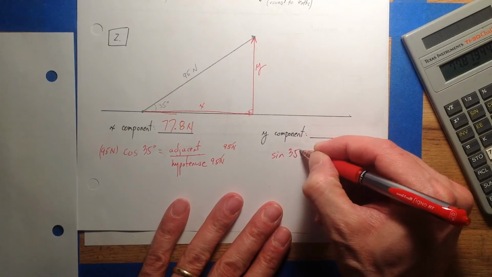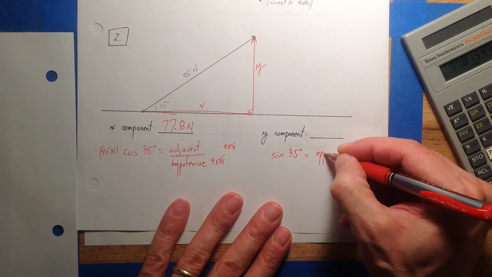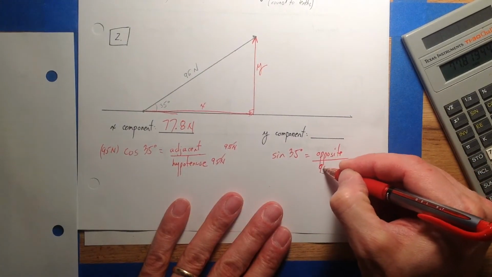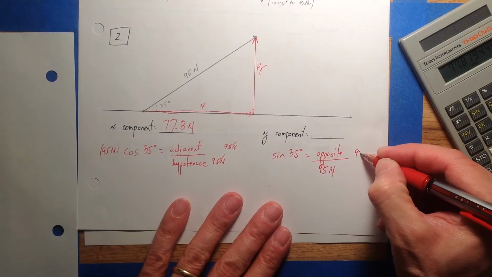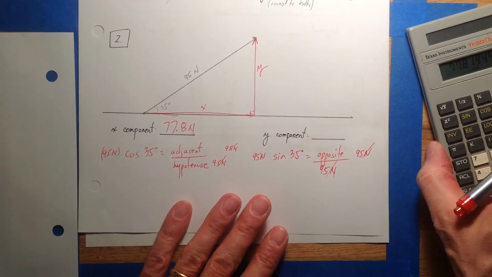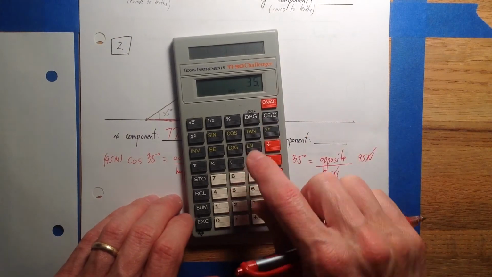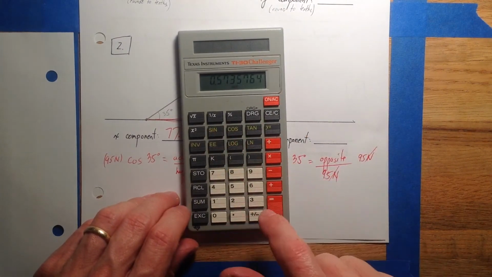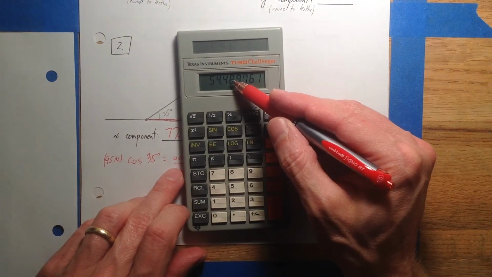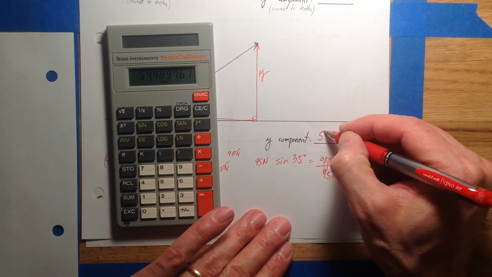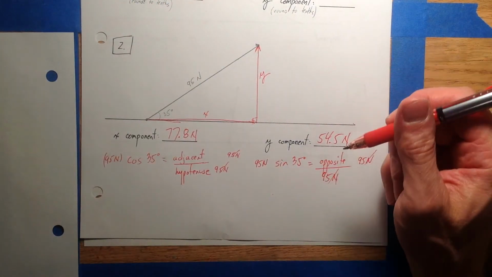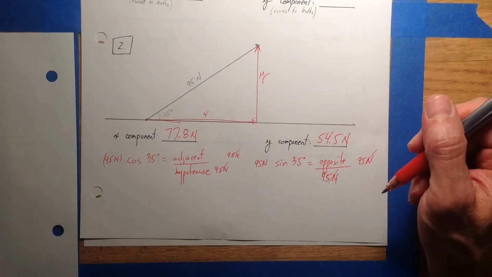Sine 35 degrees equals opposite over hypotenuse, which is 95 newtons, and they cancel each other out. 95 newtons times sine 35. 35 sine times 95 is 54 point, and that rounds to a 5, the 8 makes it a 5. 54.5 newtons. Okay? I think this all rings a bell from what we did in class.